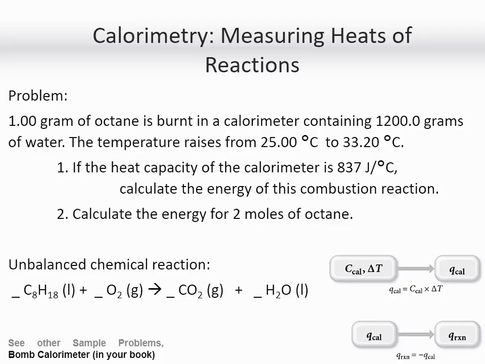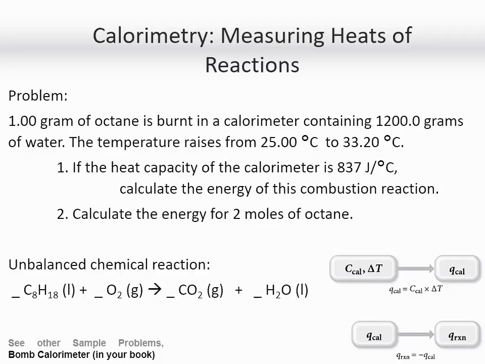So one thing that you have to be very aware of in these kinds of problems is that for this example, we're given a specific amount of water. That is our clue to know two things. The first thing is that the heat capacity of the calorimeter that we are given in the problem is only the heat capacity of the bomb device, not the bomb plus the water, but just the bomb, because we have a specific amount of water.